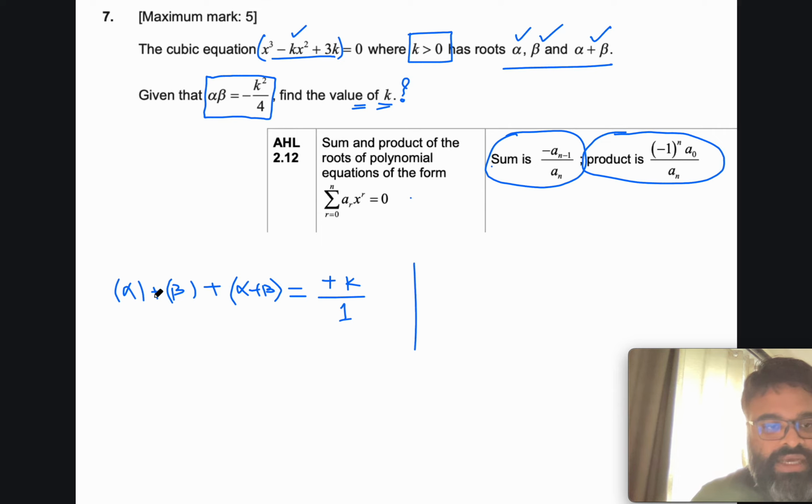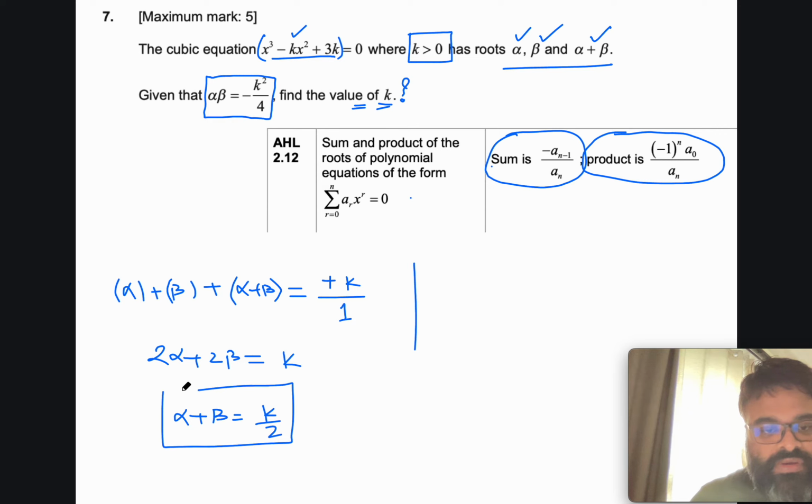So you get 2 alpha plus 2 beta is k. So alpha plus beta is equal to k by 2. It's a good piece of information. Now how about the product?